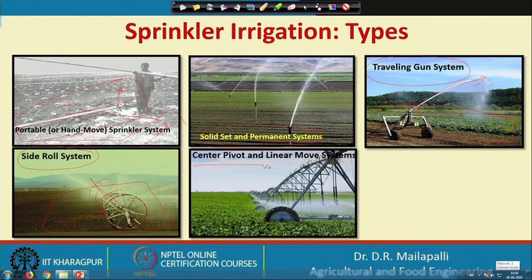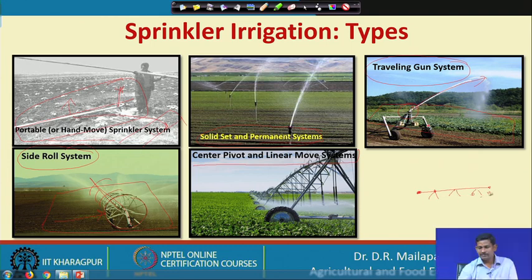The other kind is the center pivot and linear move system. It could be like a center pivot, and everything is going to have wheels, and all the sprinklers are mounted on this lateral.